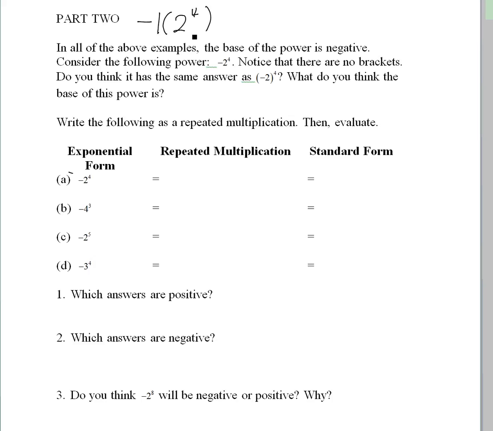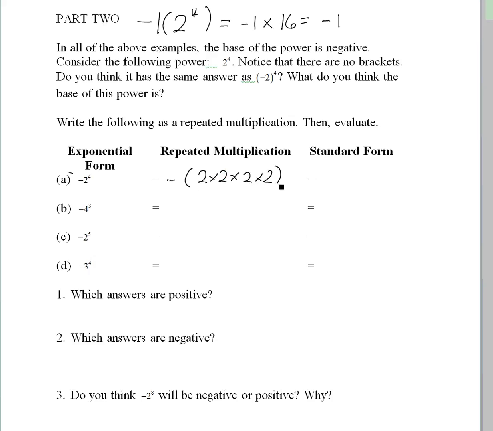If we follow BEDMAS, we have to do the exponent first, then we apply the multiplying by -1. So if we wrote it out as a repeated multiplication, it would be negative times 2 times 2 times 2 times 2.